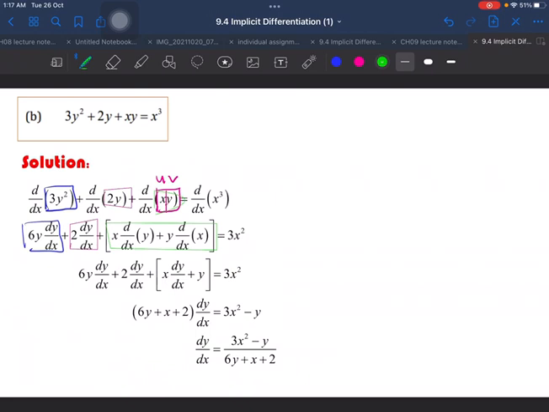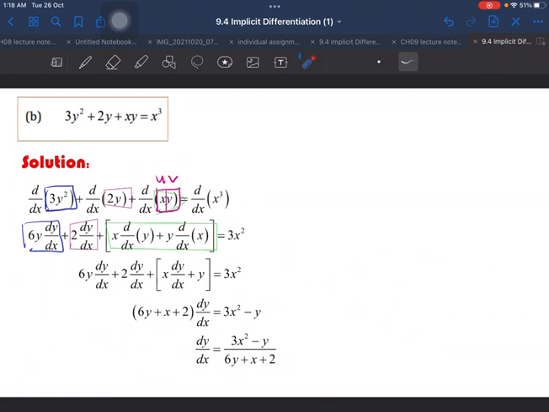We take x and differentiate y to get v prime, plus y and differentiate x, which is u prime.